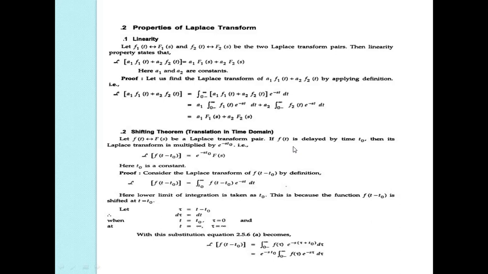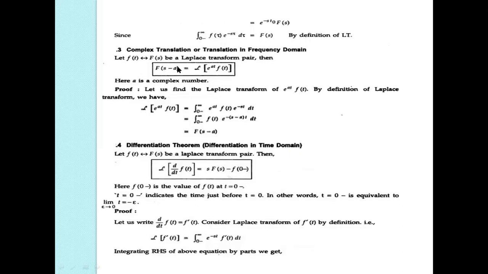Frequency is shifted with a samples, and there is no change in the time signal f of t. So the time domain signal f of t is multiplied with the positive exponential e power a t. Applying the Laplace transformation for this signal, the shifting occurs in the frequency: F of s minus a.